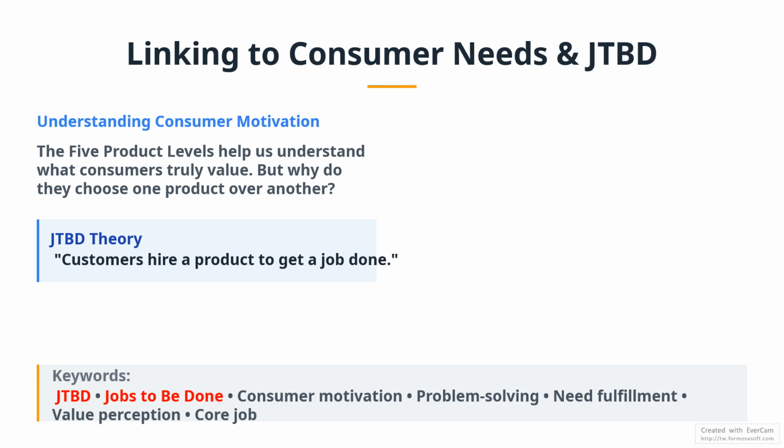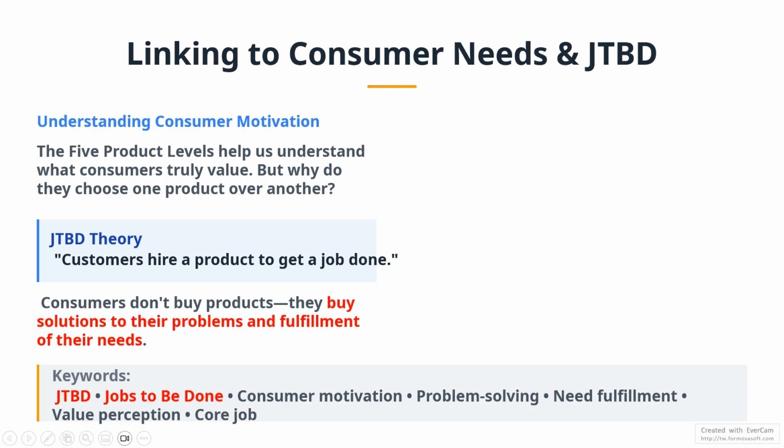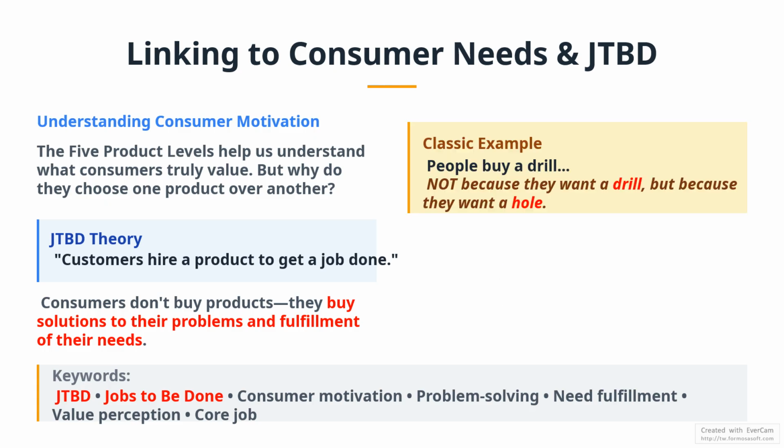JTBD theory is: customers hire a product to get a job done. Consumers don't buy products. They buy a solution to their problem and fulfillment of their needs. A classic example is people buy a drill, not because they want a drill, but because they want a hole.